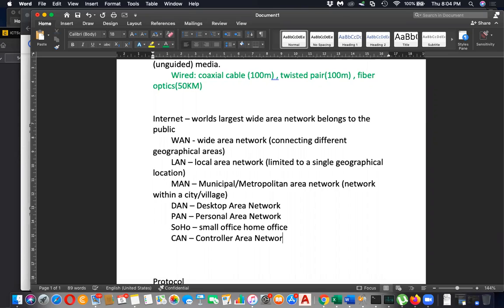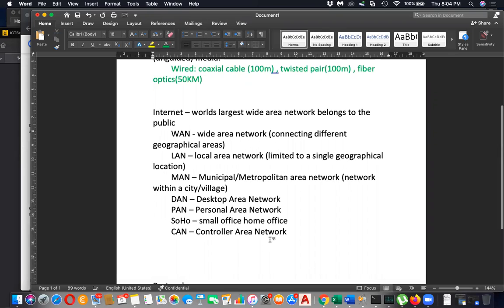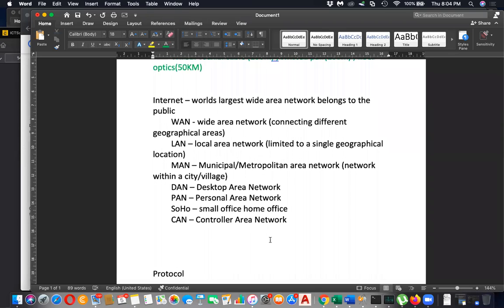What is a controller area network? A network within a car, a network inside a flight, a network inside a rocket, a network inside a ship. Likewise, there can be isolated controller areas. That means your car dashboard is connected to the fuel system.